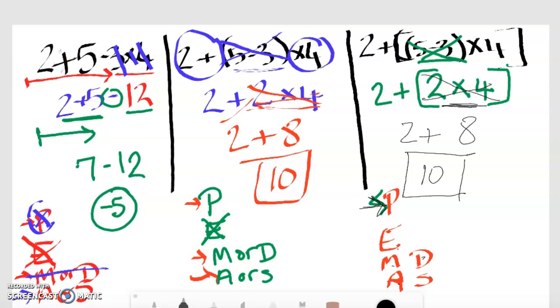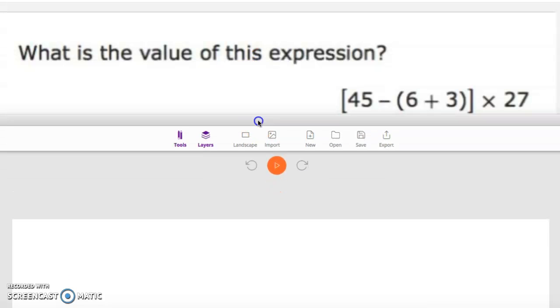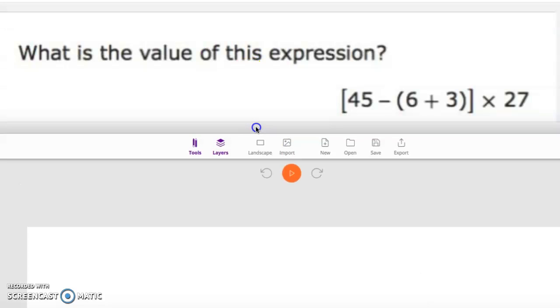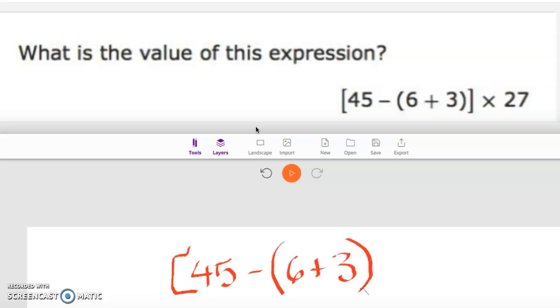So I have 45 minus 6 plus 3, which is in parentheses, times 27. Let me get a new pen and write it here. All right, my problem is in a bracket 45 minus, in parentheses, 6 plus 3, close my parentheses, close my bracket, times 27.